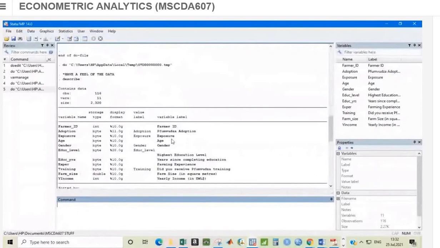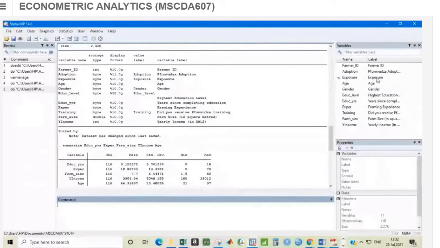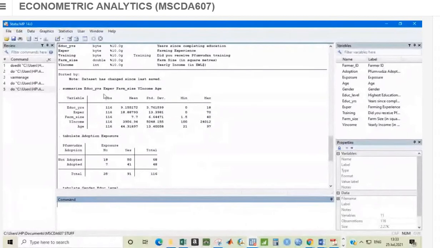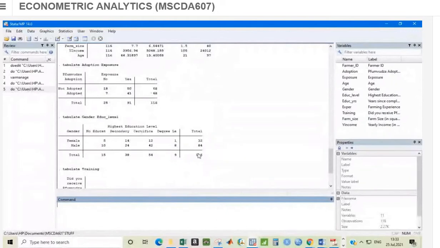This is the output for the command describe. This is the data set, which also appears here. Then the summarize aspect here summarizes everything: the education years, the observations, the 16, the mean, standard deviation, up to the end. But when it comes to qualitative variables, you can see that when you say tabulate adoption and exposure, it gives you a table of the two variables.